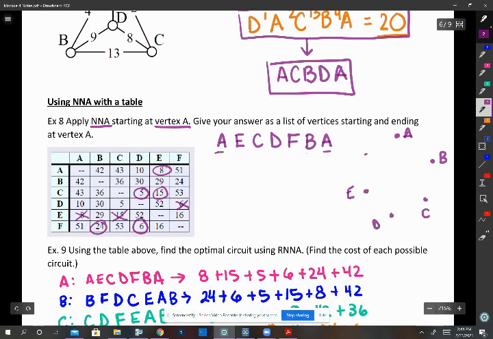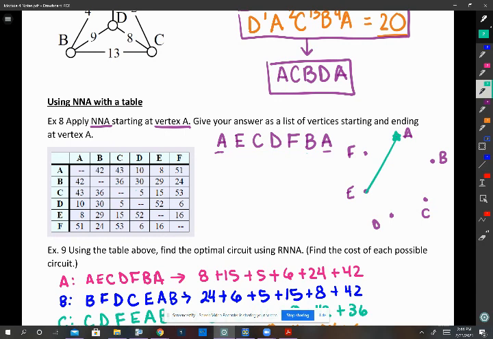Another option is I can make myself a chart to help me do it. I know that I'm starting at point A. I'm looking to see where I'm going to go. So you can still do it the same way and just draw yourself your own mapping and say from A, the shortest path is to go to E. And then from E, your shortest path is to go to F. And so it just kind of helps you stay organized.